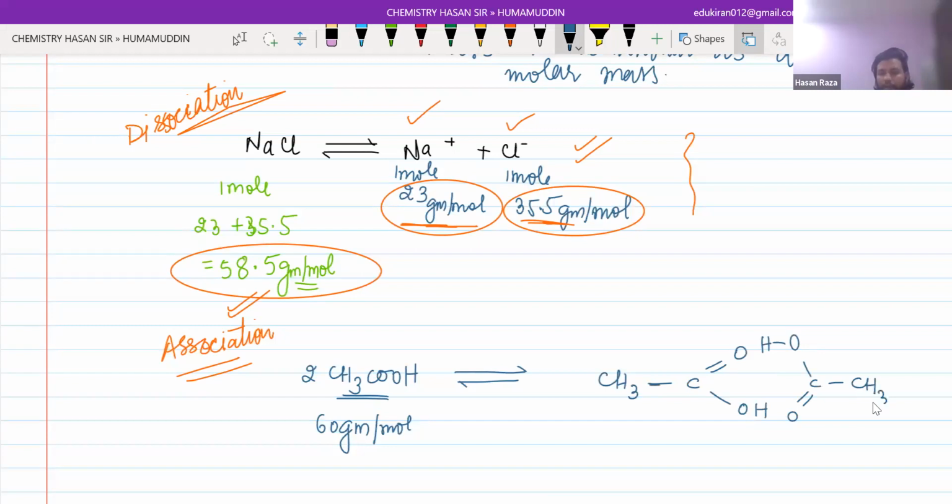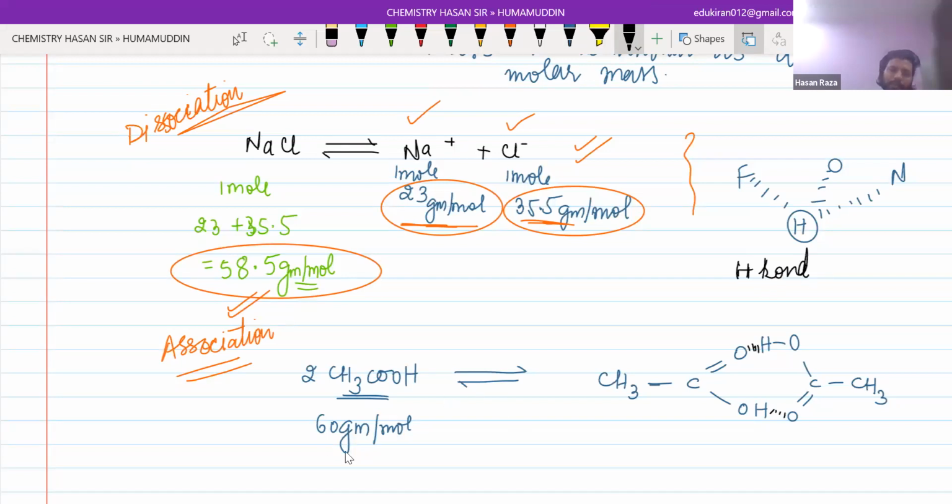What is hydrogen bonding? Whenever hydrogen is nearer to fluorine, oxygen, or nitrogen, hydrogen will make a special bond that is called hydrogen bonding. So you can see hydrogen and oxygen are nearer to each other, so they will make a bond known as hydrogen bond.